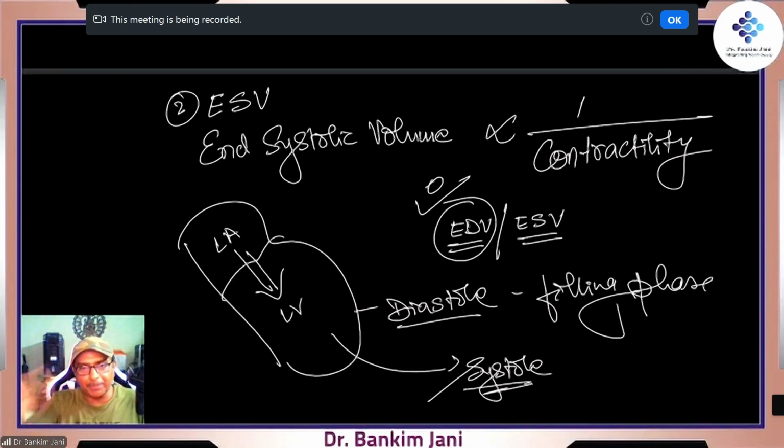Systole has already spent the blood, thrown it into the aorta, so this value would be smaller. Systole is the emptying phase. That's right.